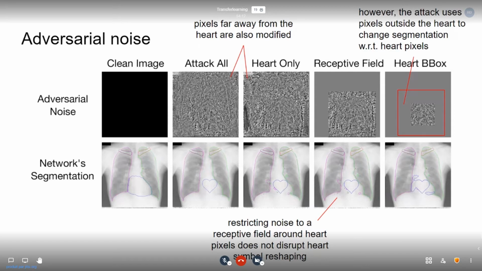And that means that the heart attack changes the voxels that are around the heart in order to change the segmentation with respect to the heart voxels.